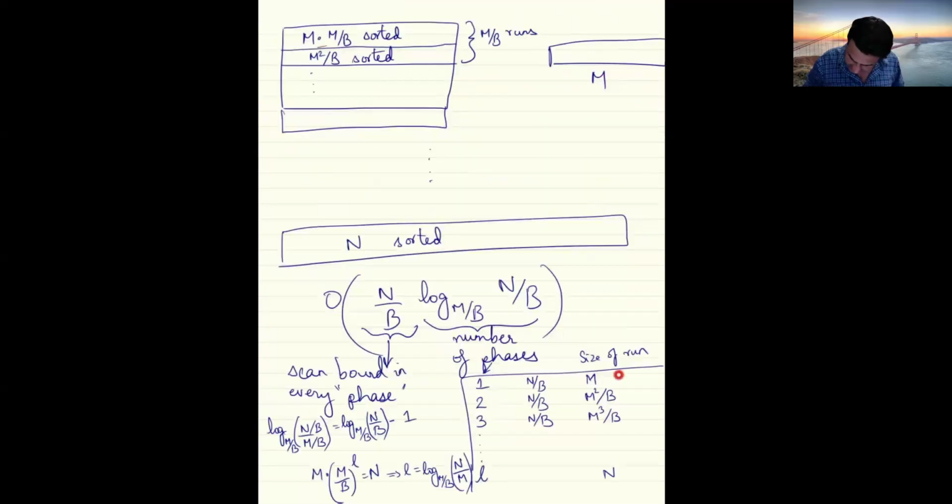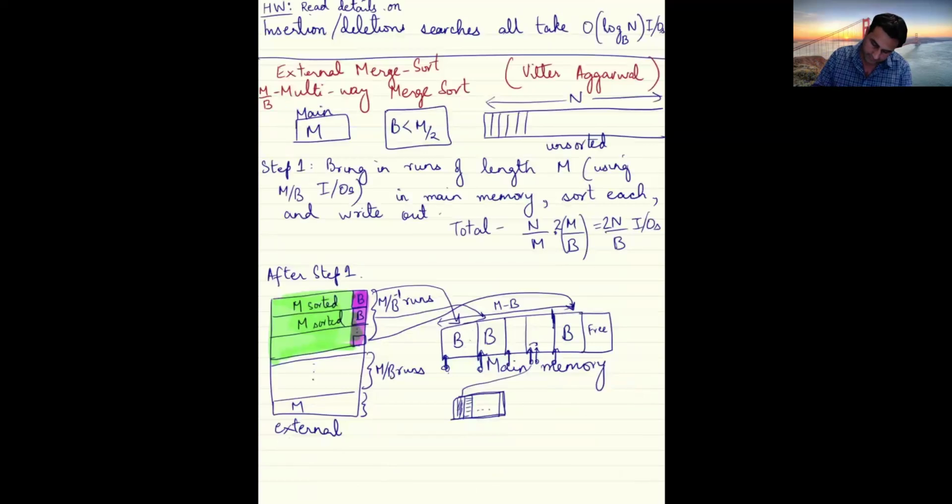So if you understand this algorithm, then this table should make sense to you. In the beginning, the size of the runs is n, right? At the end of the first phase, I would have sorted all the green stuff. There'll be many green pieces.